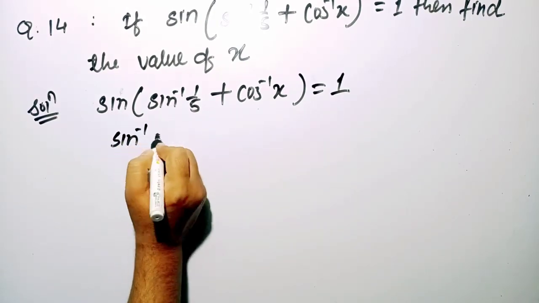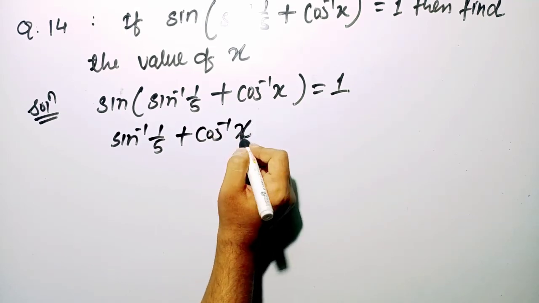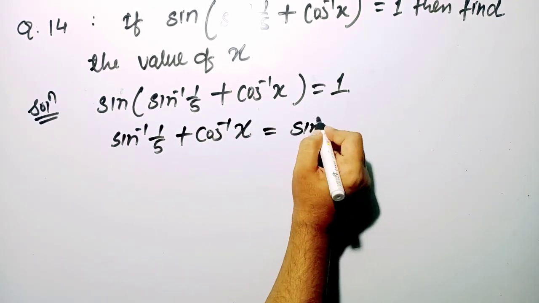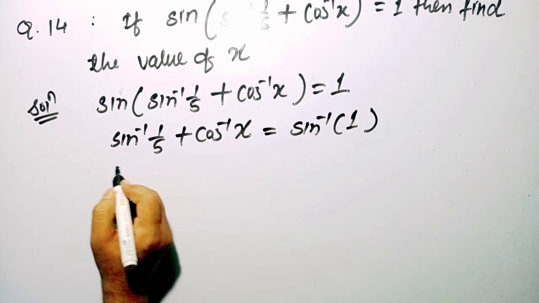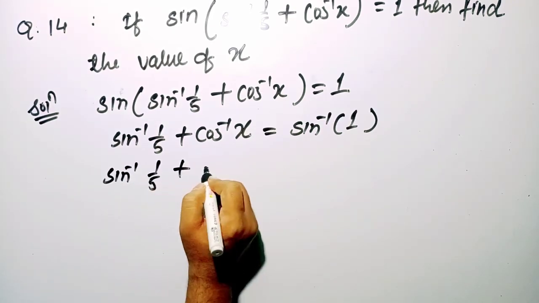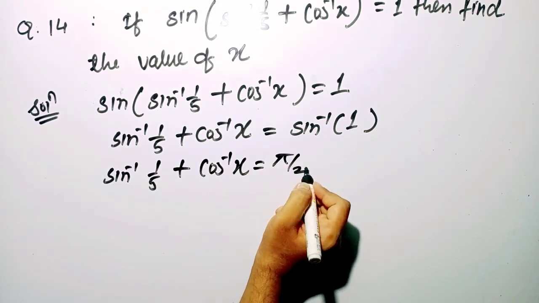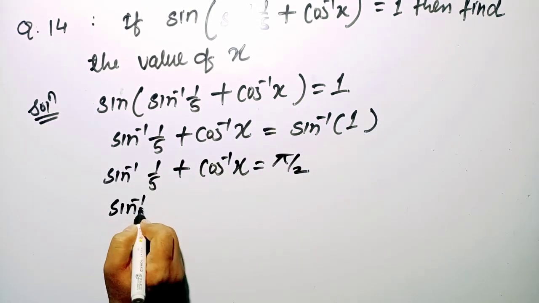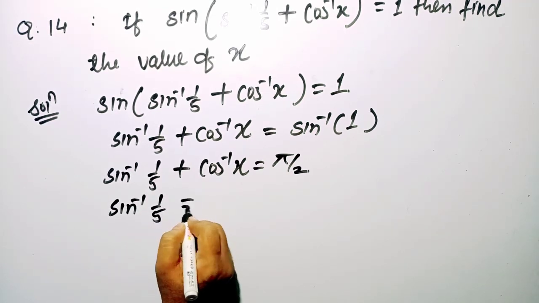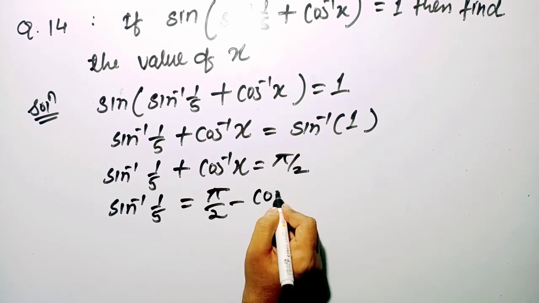Okay students, so sin inverse 1 by 5 plus cos inverse x, moving sin to that side, we are getting sin inverse 1. So sin inverse 1 we can write as pi by 2, so sin inverse 1 by 5 is equal to pi by 2 minus cos inverse x.